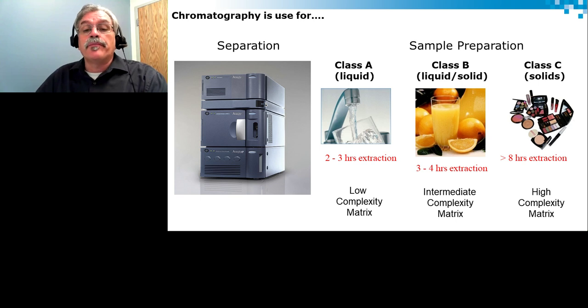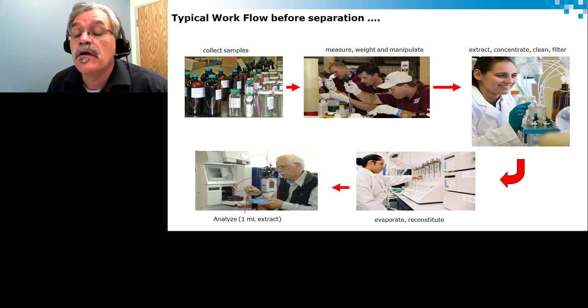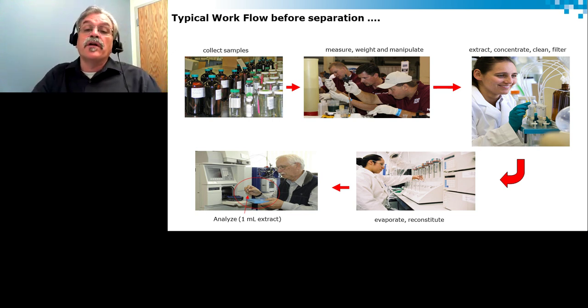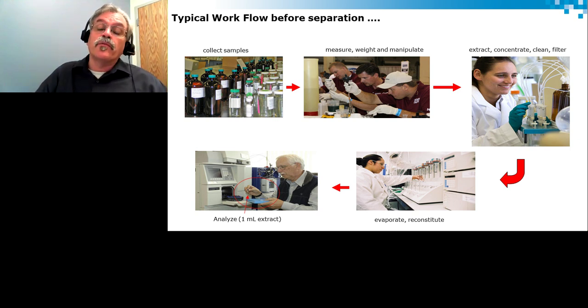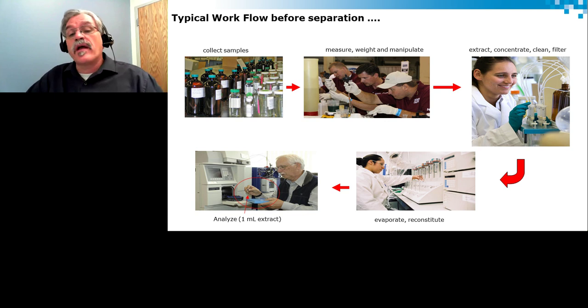Sample prep works something like this. There are at least 5 key steps. Before we start, we have to collect the sample, as we see in the upper left corner. Then we measure and weigh, transforming a raw sample into an ideal format that either LC or GC can use.